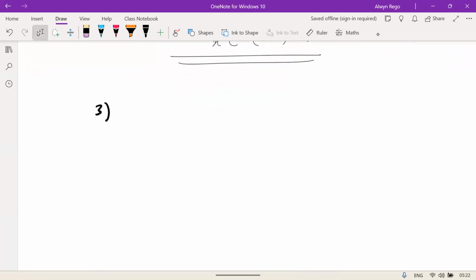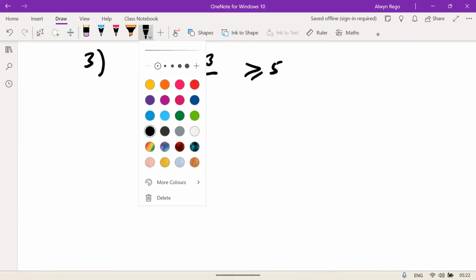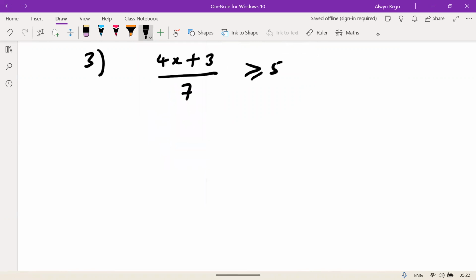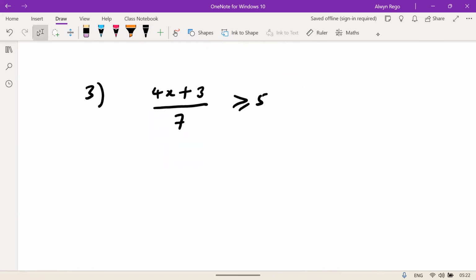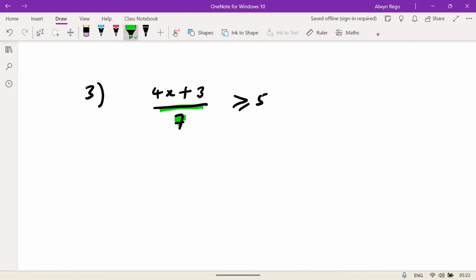Let's say you have (4x + 3) divided by 7 is more than or equal to 5. Again, we find that here, first of all, I need to get rid of this fellow here, divide by 7.